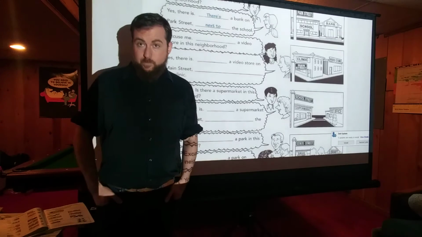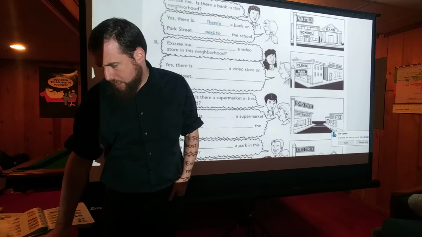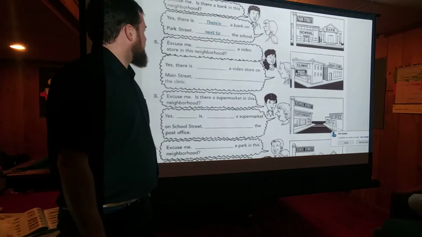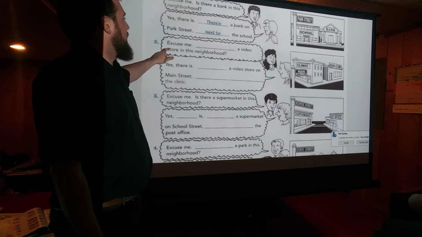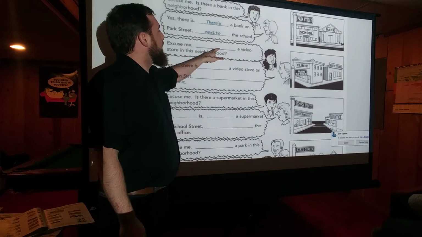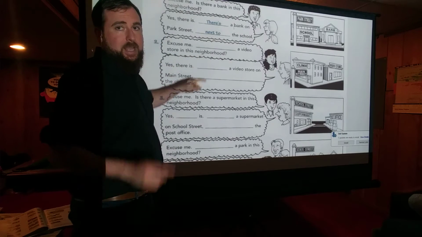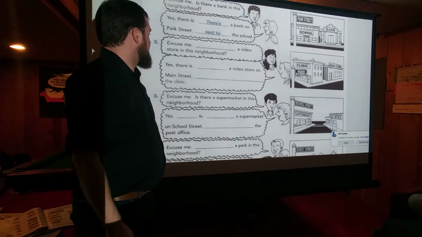All right. Did you get those all filled in? Great. Good job. So, let's talk it over. Number 2. Excuse me. Is there a video store in the neighborhood? Is there?